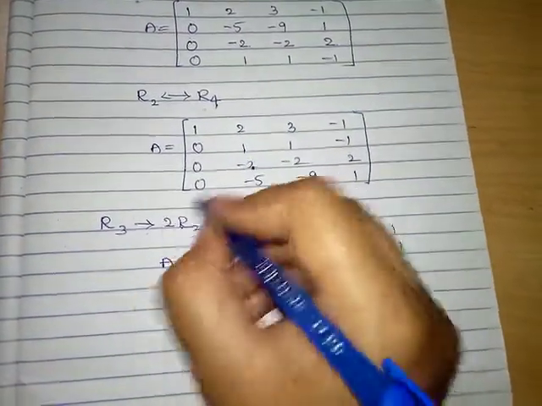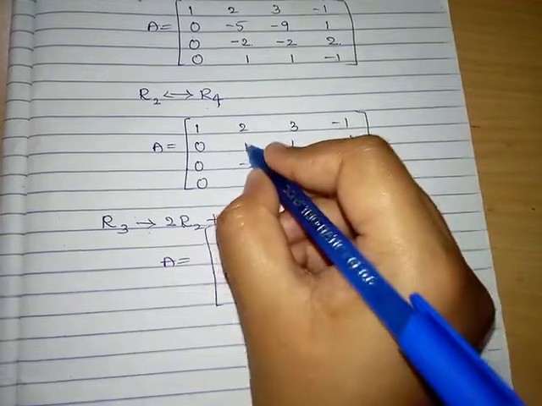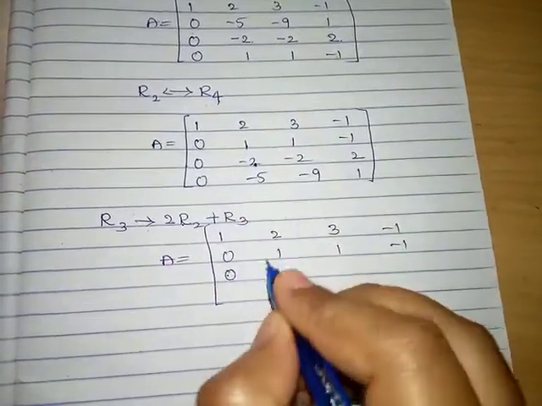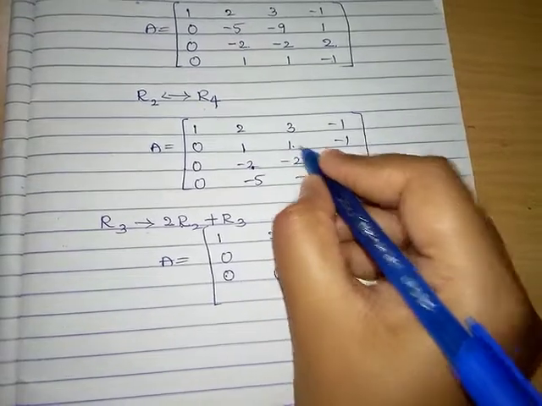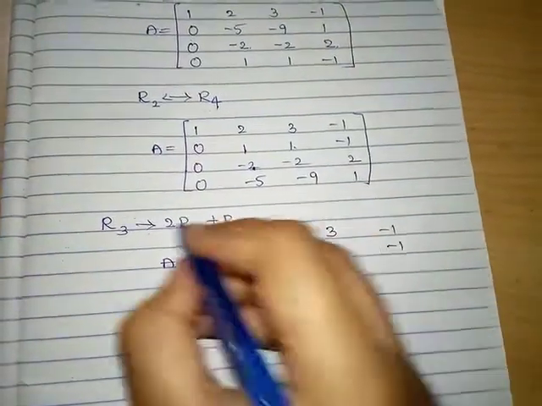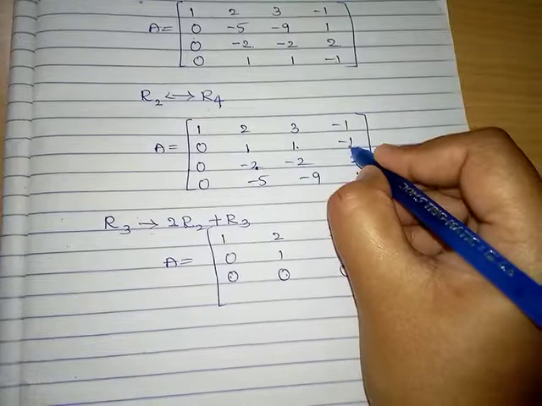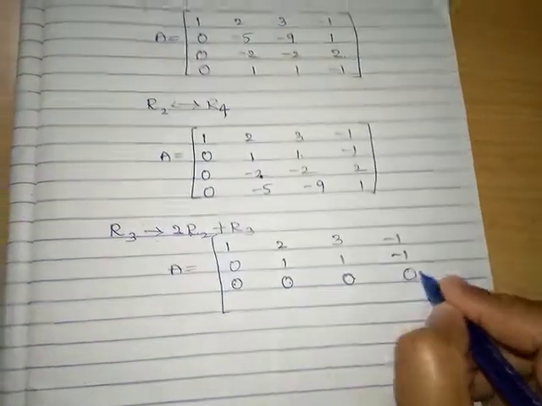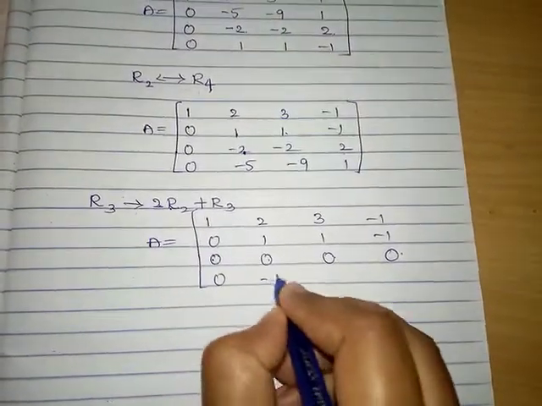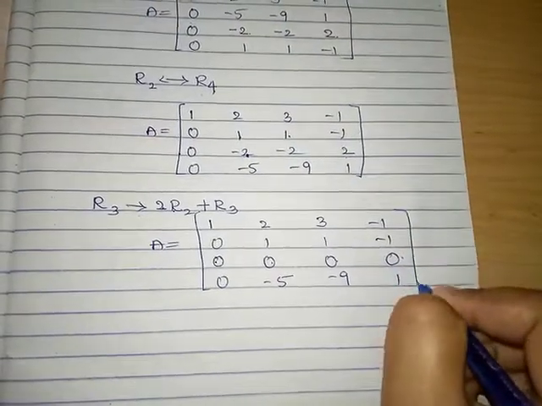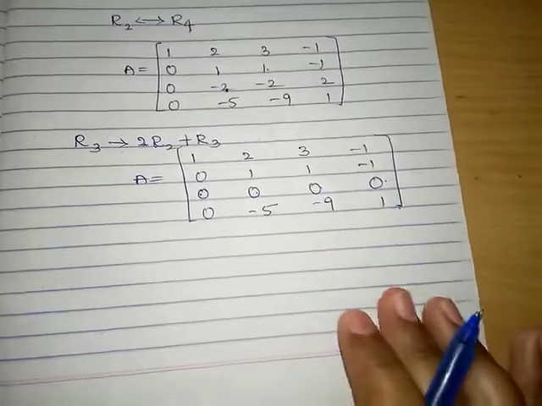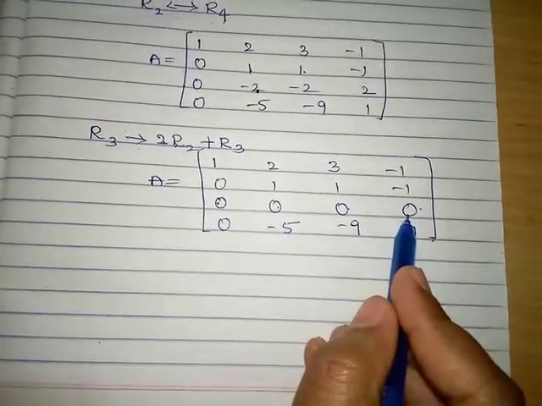Minus 2 here: 2 into R2 means 2 into 1 is 2, 2 plus minus 2 is 0. Next, 2 into 1 is 2, minus 2, 0. 2 into minus 1 is minus 2, plus 2, it is 0. The next row is as it is, minus 9, plus 1. See here, the third row is a 0 row.